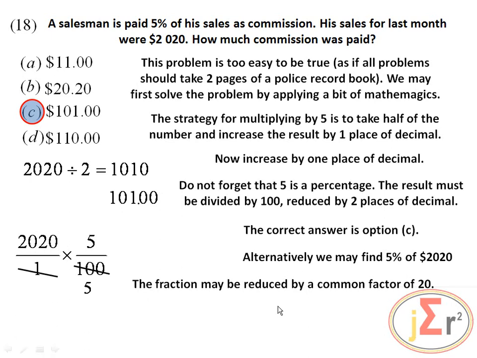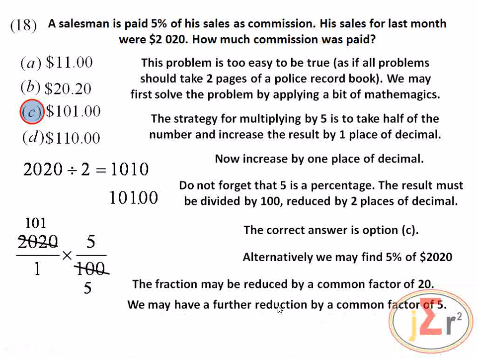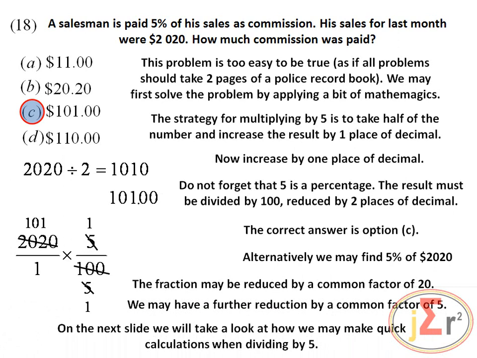So we have 1, 0, 1 instead of 11. Then we may reduce by a common factor of 5. We may have a further reduction by a common factor of 5, and that is what we get. On the next slide, we will take a look at how we may make quick calculations when dividing by 5.